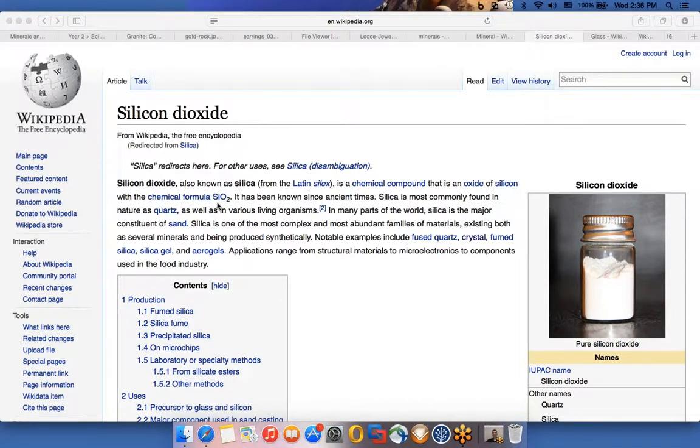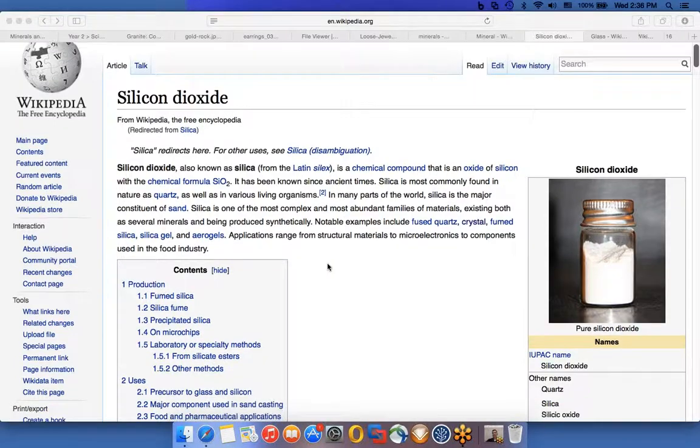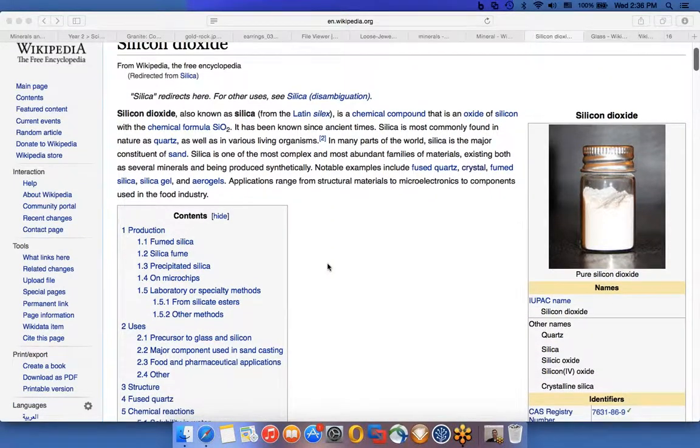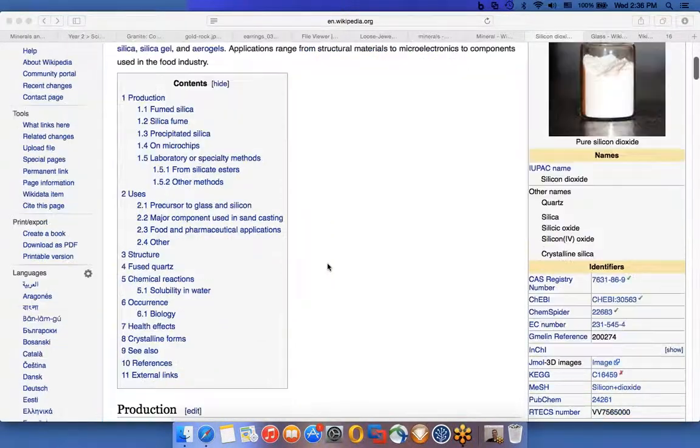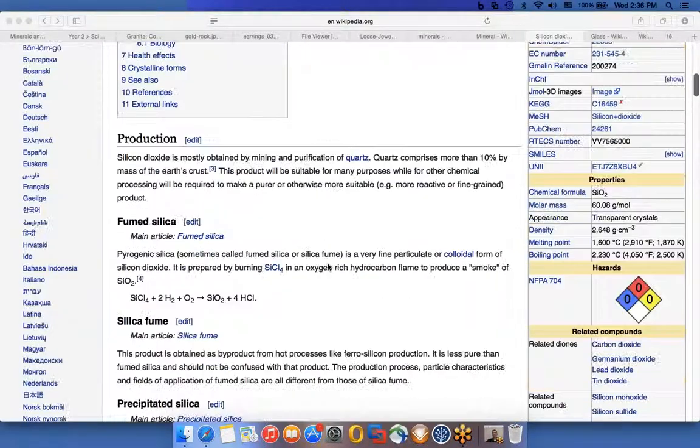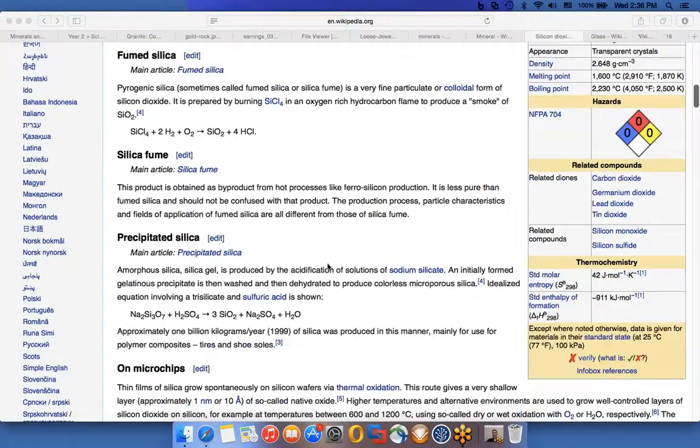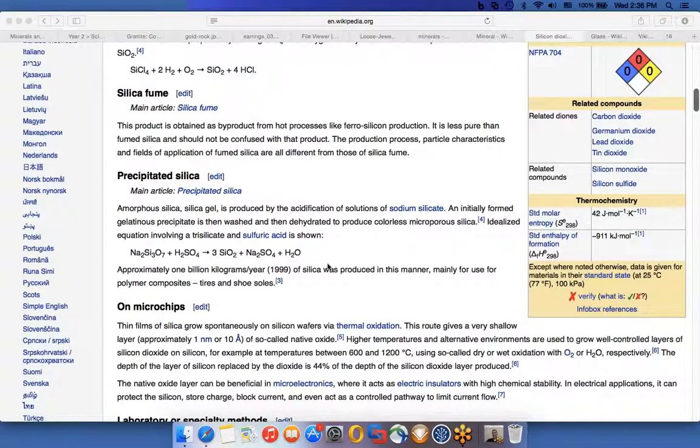So the chemical formula is SiO2: one atom of silicon and two atoms of oxygen. So di meaning two, oxide, oxygen. So silica is the building block of a lot of minerals, and all these minerals are based on silica.